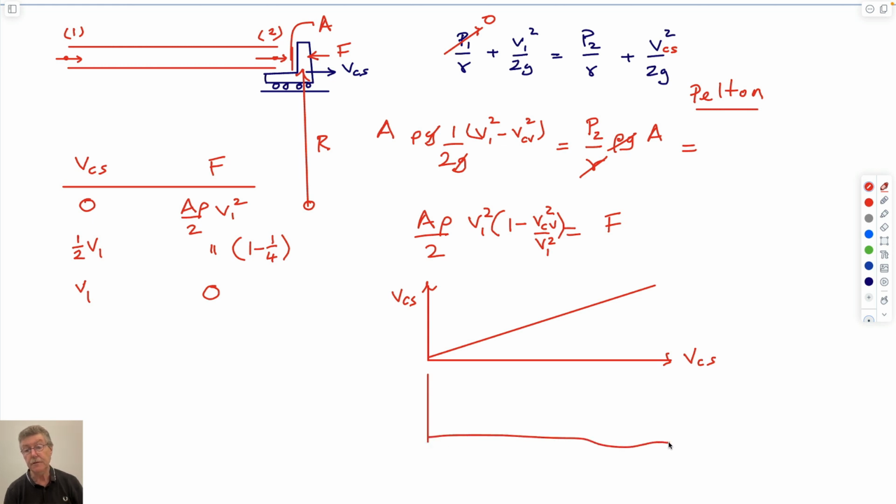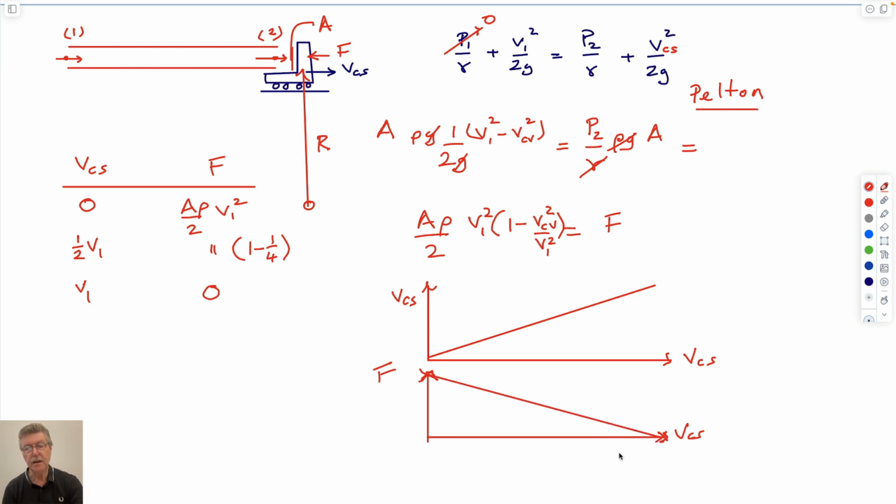If we plot the force that's acting relative to the velocity of the control surface, then when the velocity is equal to 0, it's a maximum. When the velocity is equal to V1, which is also VCS, then it's a minimum.